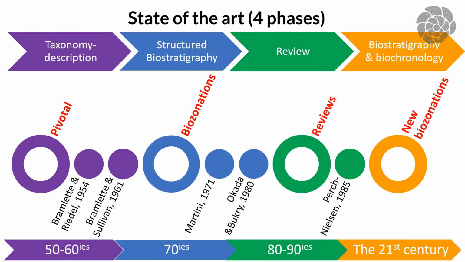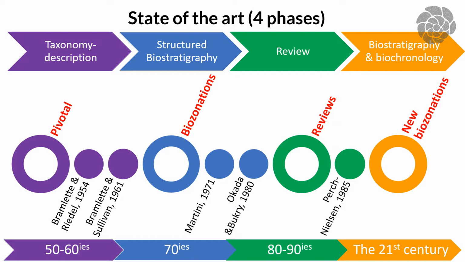Then the third phase that I call review, and I put just an example to give you an idea. That is the review in plankton stratigraphy that we all know by Perch-Nielsen, dating back to 1985. So this is the window of this phase, the 80s and the 90s.